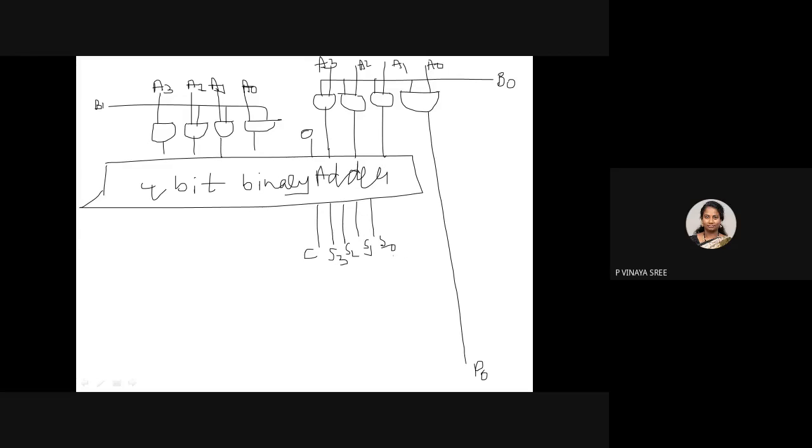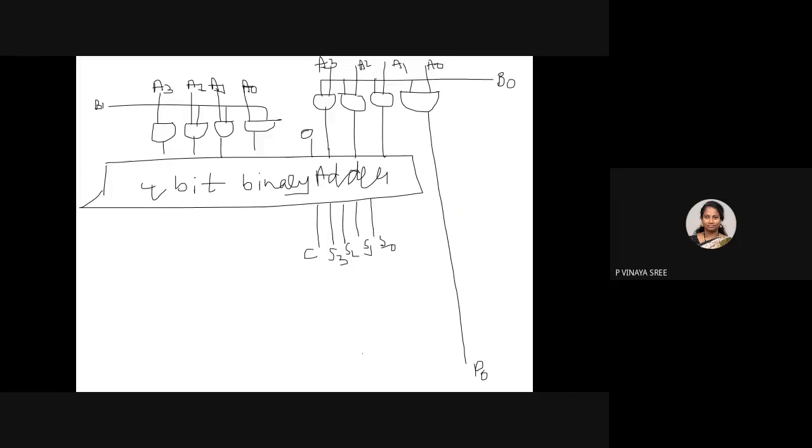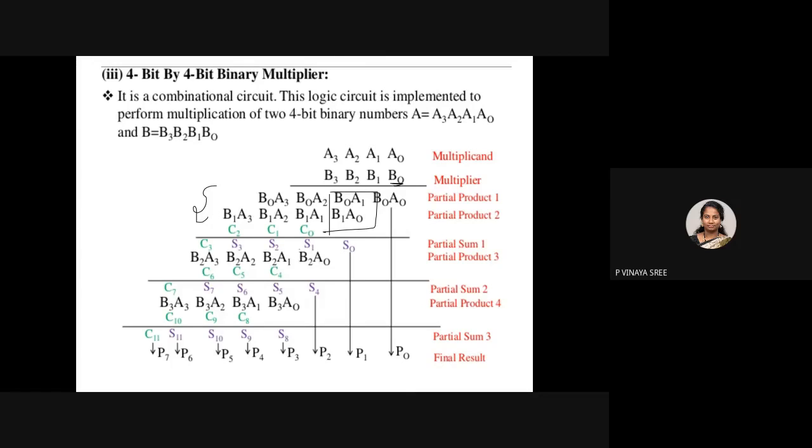So in this next step, this S0 output we are giving directly to P1. Completed. Next is S1, S2, S3 and carry, and B2 and the other combinations with A.